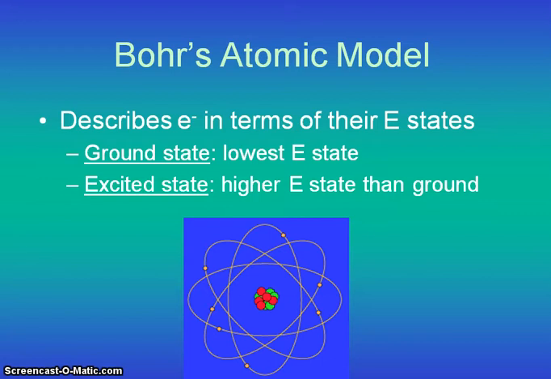And that light will be their characteristic color that if we pass through a prism, we could get its line emission spectrum from. So with Bohr, we really talk more about the electrons circling the nucleus in their orbitals or various energy levels.